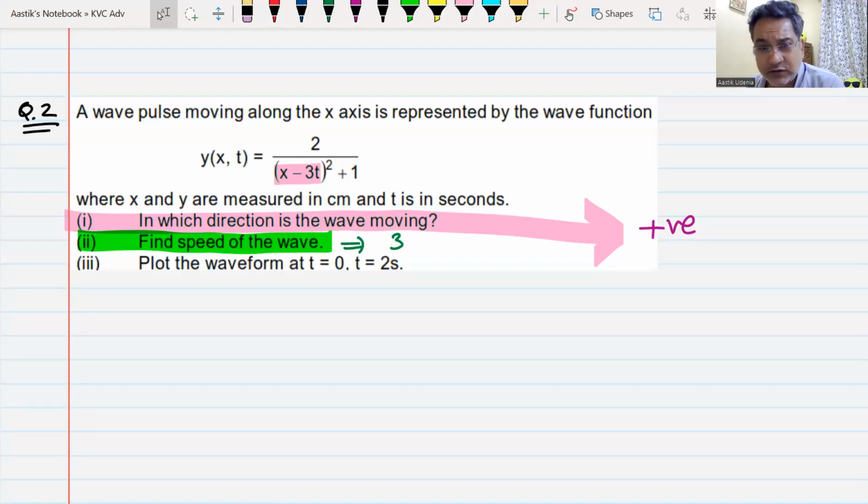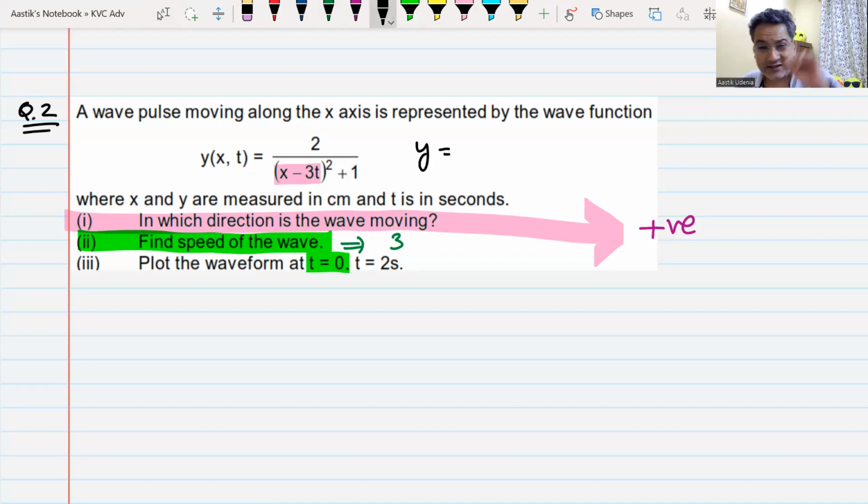The next thing is plot the waveform, and they are not going to ask you to plot the waveform. They are going to ask you what is the waveform. They will give you 4 diagrams and ask what is the waveform at t equal to 0. Don't panic. Just put the value of t as 0 and see the waveform. When you put t as 0, what is the function like?